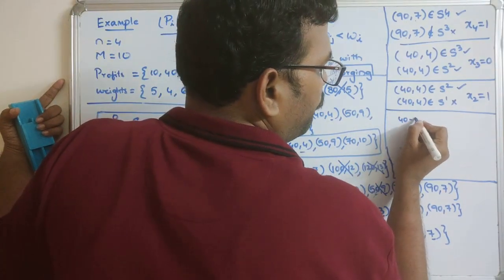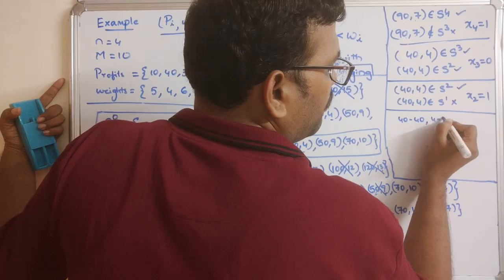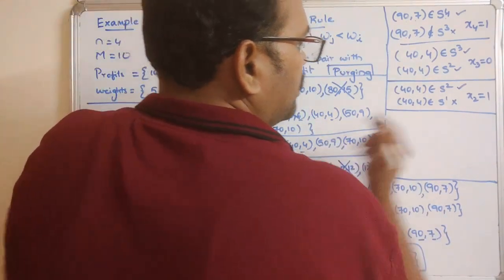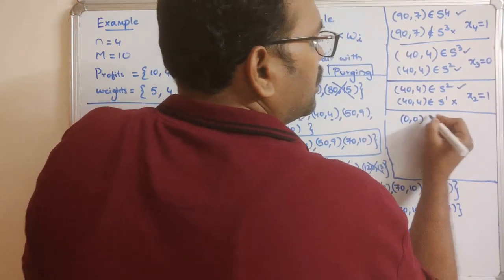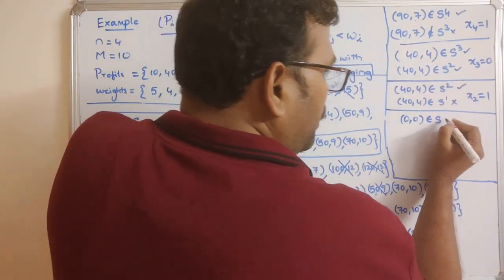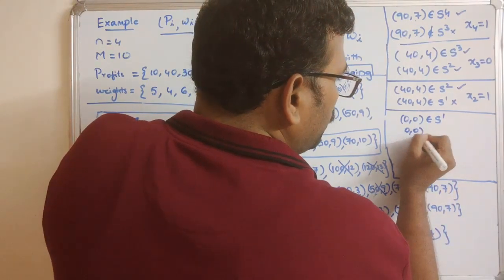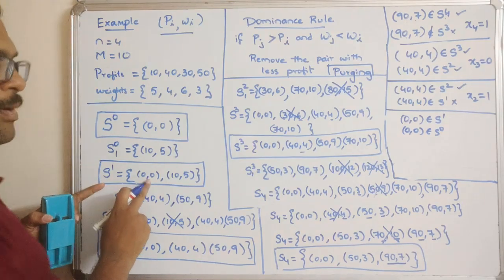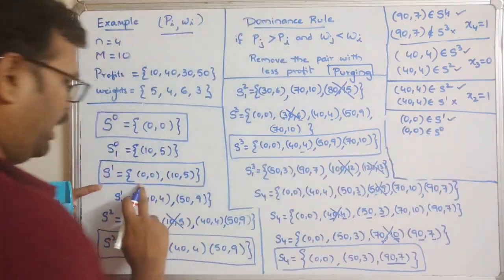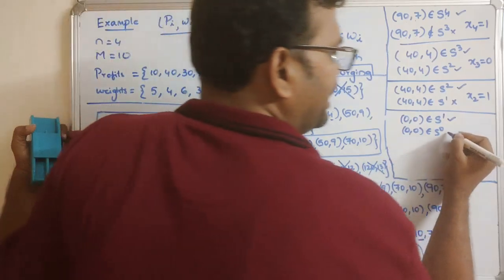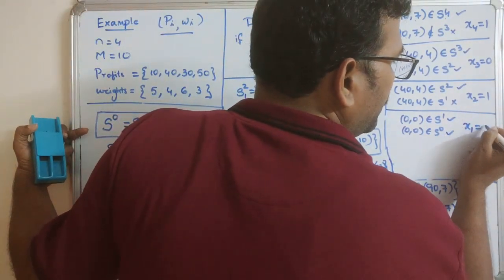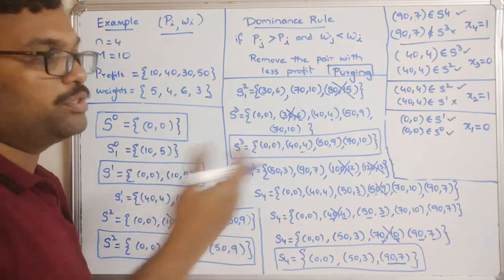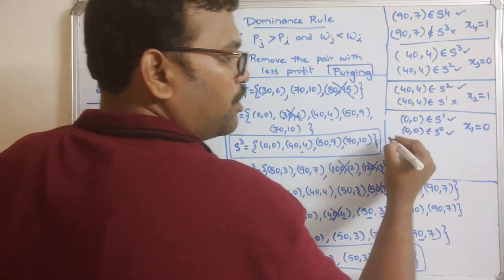So 40 minus 40 and 4 minus 4 gives 0 comma 0. Now we check again with S1 and S0. 0 comma 0 is in S1, yes, and in S0, yes. So obviously X1 will be 0, because the pair is available in both the sets S1 and S0.